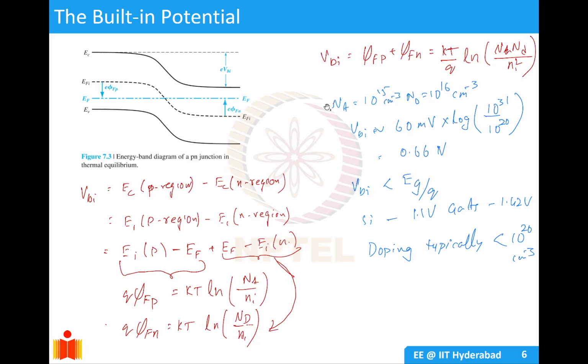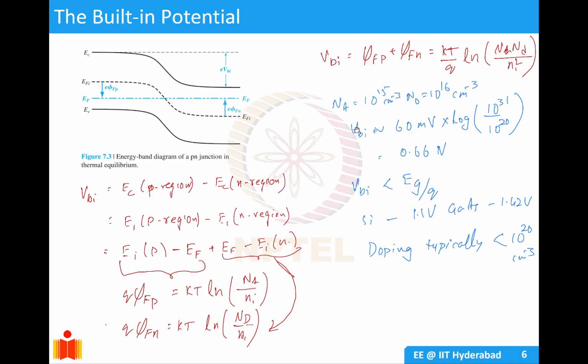So they are not in the same regions. Hence, they're not equal to Ni square. So here the Nd will be 10 per 5 and here the Na would be 10 per 4. But we are only talking about the majority doping, which is Na is your N type majority carriers 10 per 15 and Nd is your P region majority carriers which is 10 per 16.